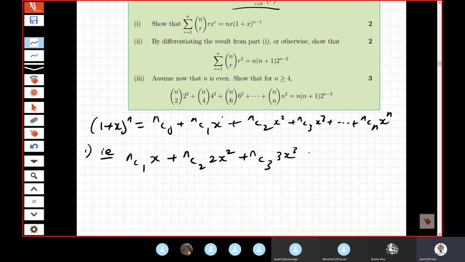Interesting. Plus, dot, dot, dot, all the way until n choose n, n x to the n. Equals n x (1 plus x)^(n minus 1).